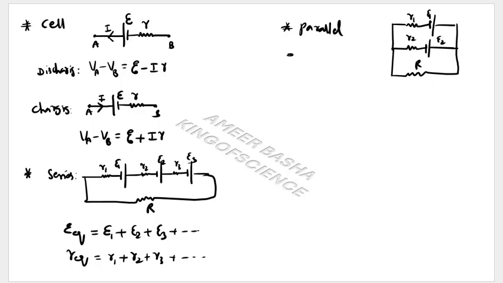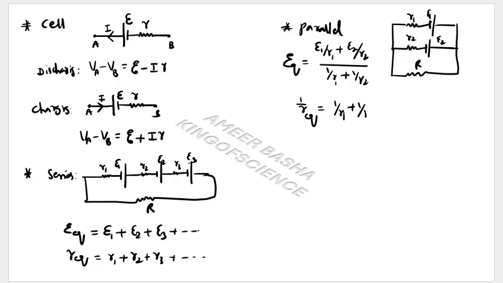Then what is the E equivalent? Be careful, the formula is a little bit different. E1 by R1 plus E2 by R2 and so on, divided by 1 by R1 plus 1 by R2 and so on. Similarly, what is R equivalent? 1 by R equivalent is equal to 1 by R1 plus 1 by R2 and so on. This is for the parallel combination.